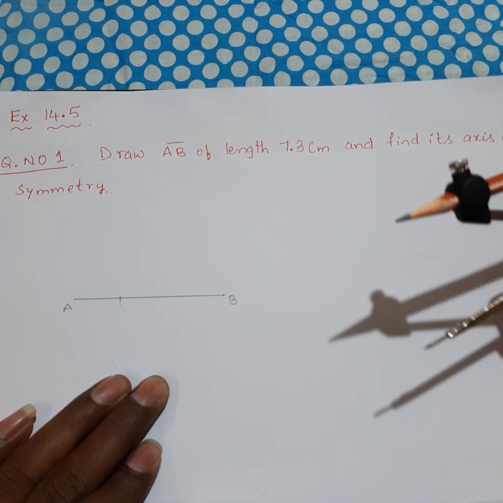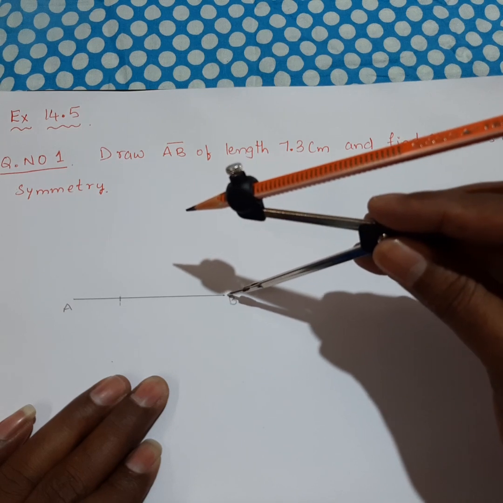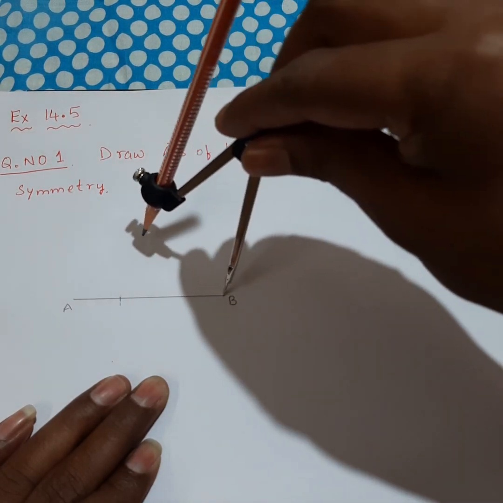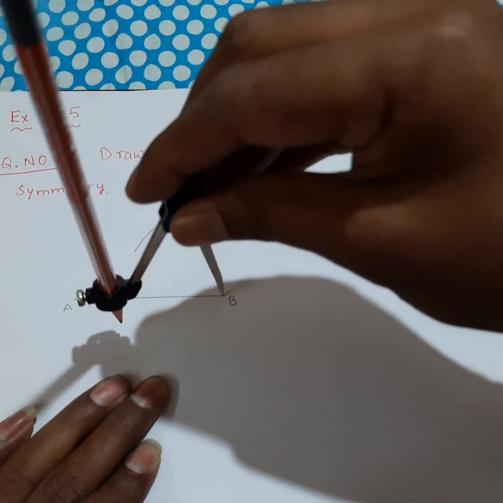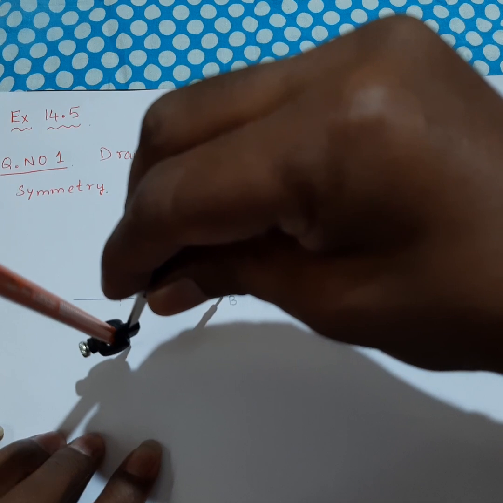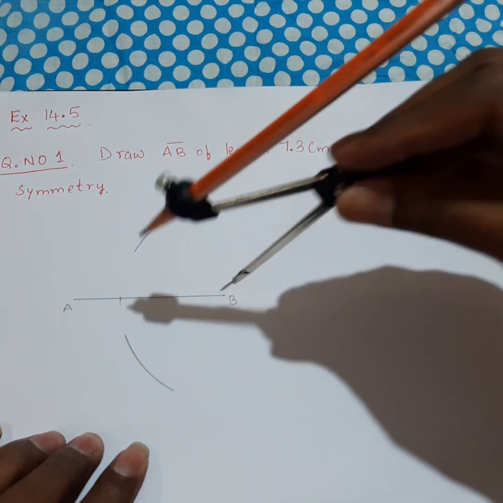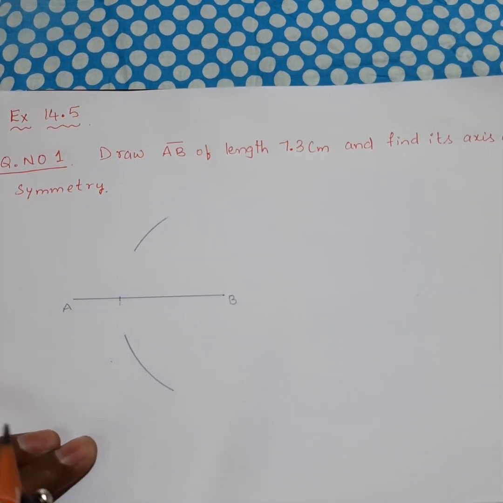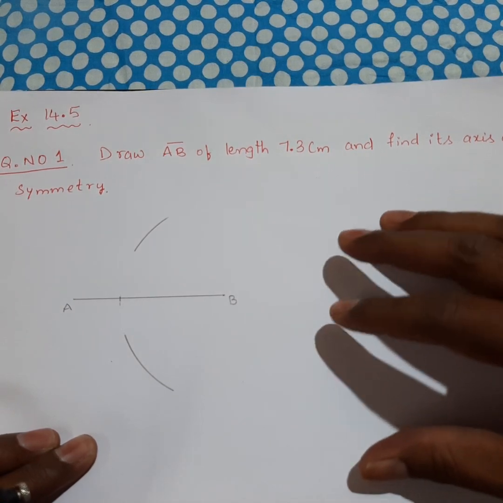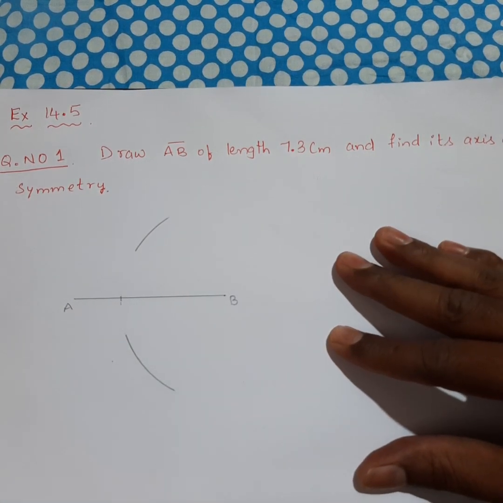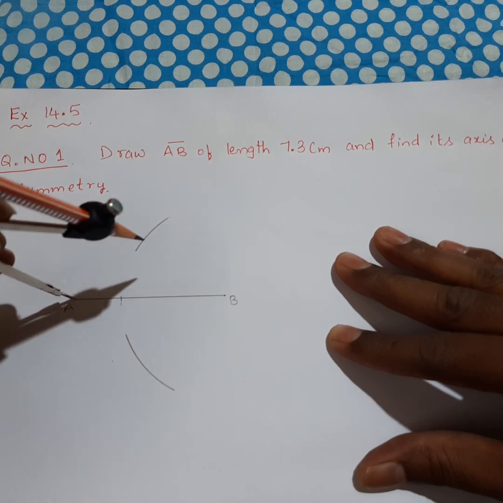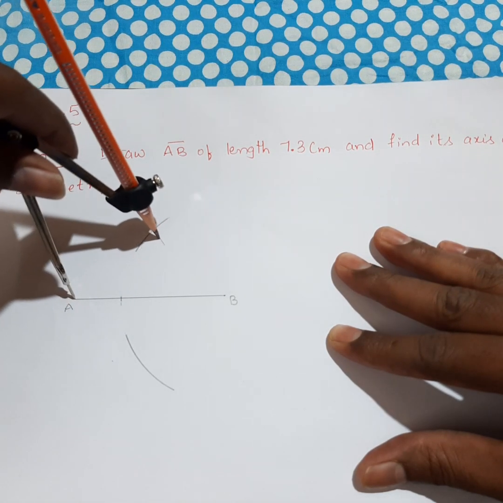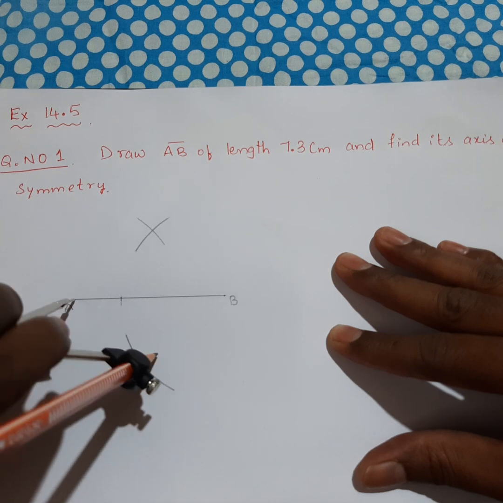Okay, now take center as B, draw one arc above the line segment and one more arc below the line segment. Okay, like this you can draw. Next, with the same radius, take center as A, then cut those arcs. Don't change the radius or the length of the compass.